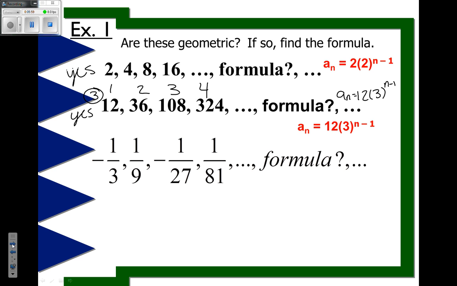Fractions, dreaded fractions. Geometric or not? Yeah, they're all three. 9 divided by 3 is 3. Put them in your calculator.